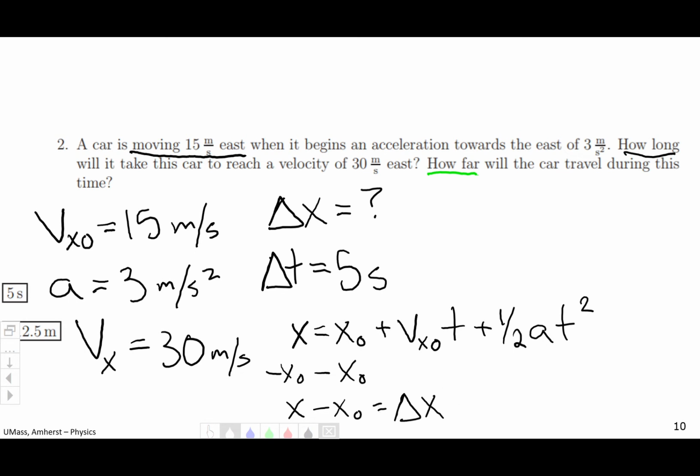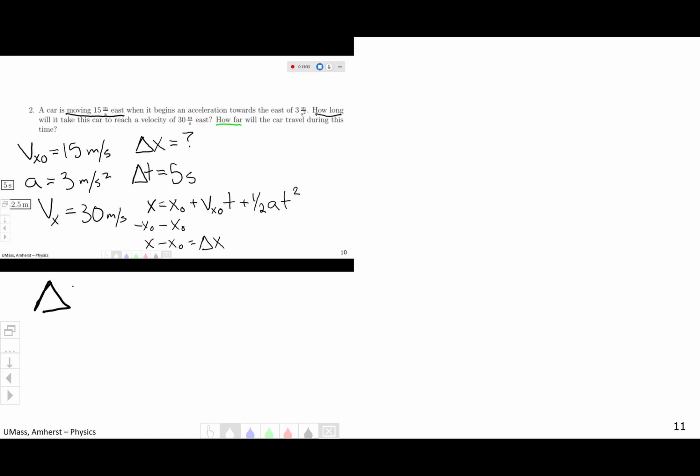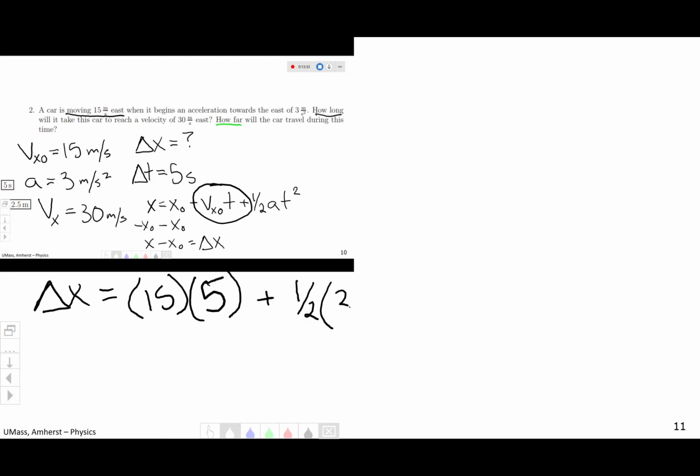So we end up with delta x equals Vx0 t. Vx0 is 15 times the time of 5 seconds, plus 1/2 times acceleration, which is 3, times 5 squared.